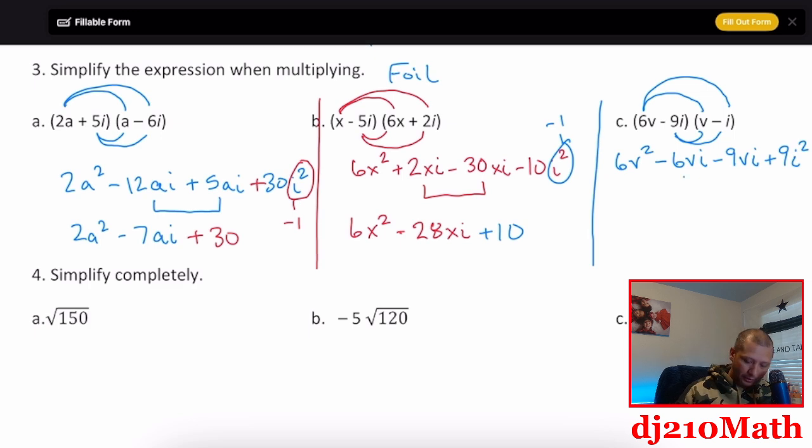So combining the like terms, we get 6v squared minus 15vi, and then i squared is negative 1. So this is negative 9.